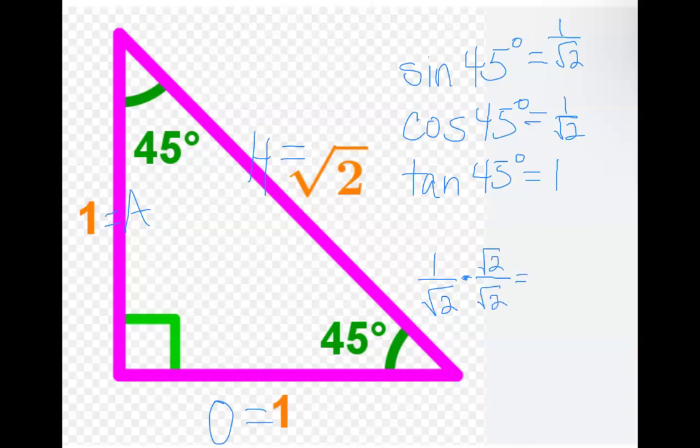And so we get square root of 2 on top, and square root of 2 times square root of 2 on bottom gives us 2. So we're going to rewrite the sine of 45 as the square root of 2 over 2. And we're going to rewrite the cosine of 45 as the square root of 2 over 2. Okay, so make sure you're pausing and taking notes.